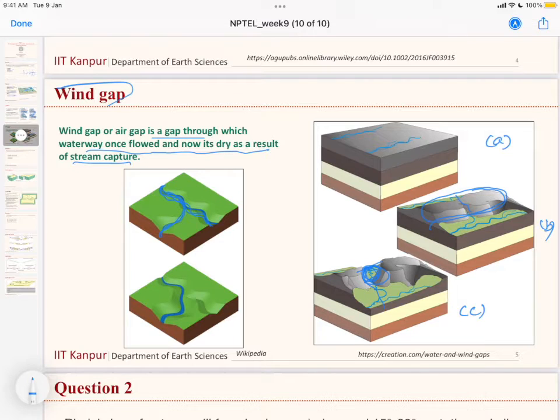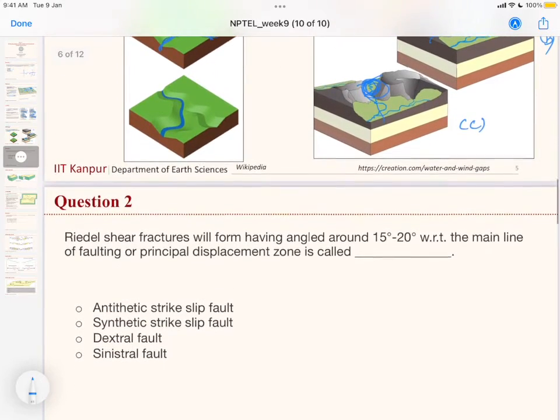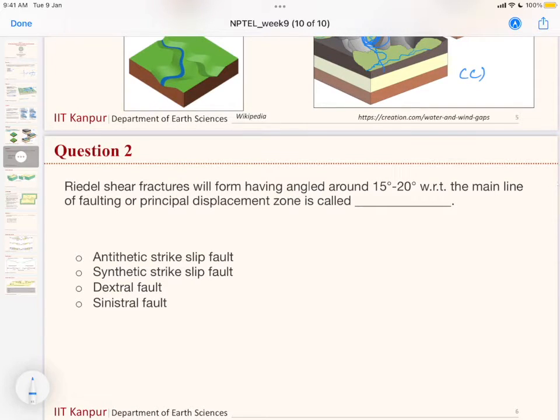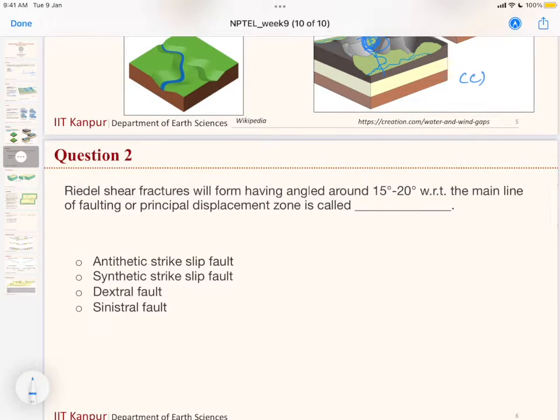Now moving to the second question, and I would request you to pay a bit more attention, because this concept is very new to us, so we will understand it very slowly. Does anybody of you know what radial shear fractures are? Anyone?